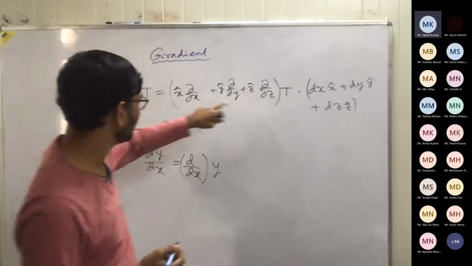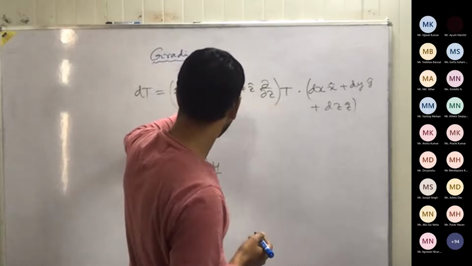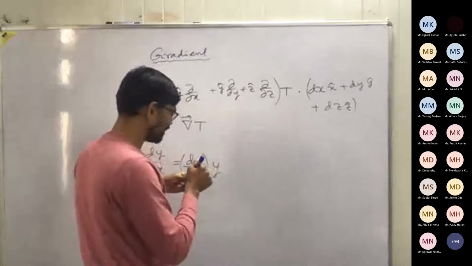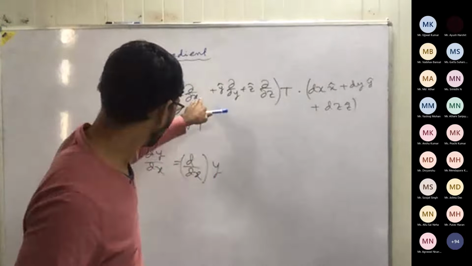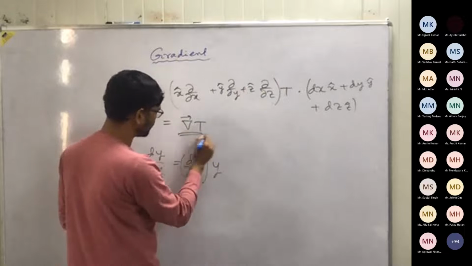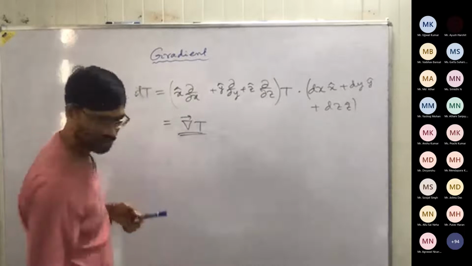Here I wrote it outside, so basically this T will be multiplied. Or if you do not like that step, you can keep T here, and that quantity you can call the grad. It doesn't matter how you write.